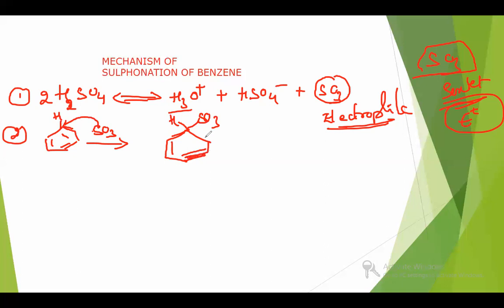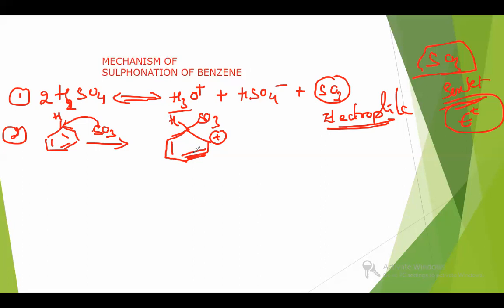But here there will be electron deficiency, giving a positive charge. What happens is delocalization; it will be stabilized by resonance. I'll tell you how, and then I'll write it step by step.